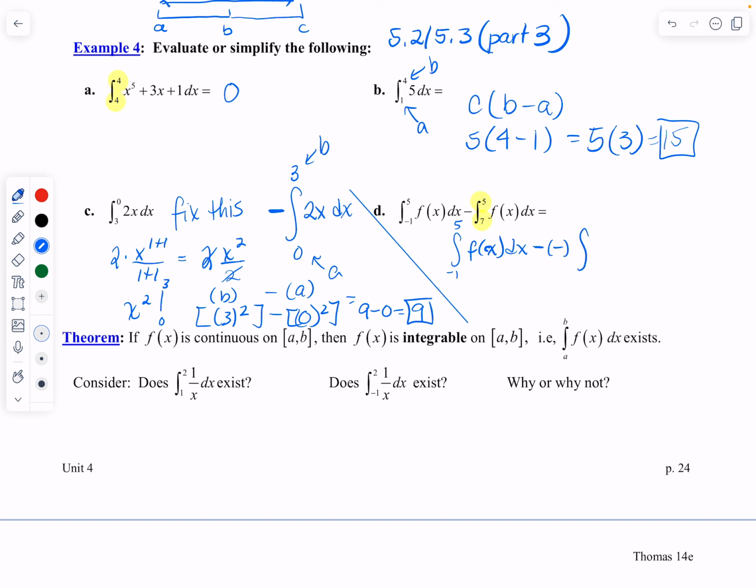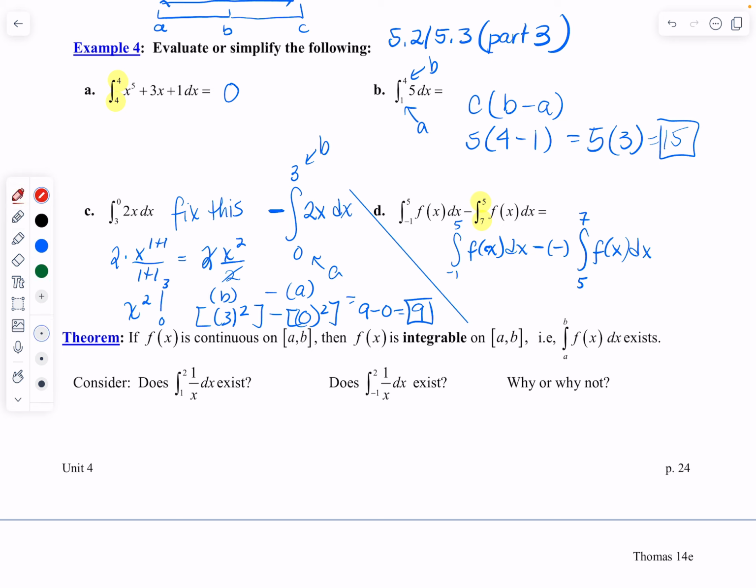I'm going to fix this by putting the 7 on top and the 5 below. You have to have the upper limit bigger than the lower limit, so if it's in reverse order, you take and put a negative out front. Now that I have these two together, a negative and a negative make a positive.